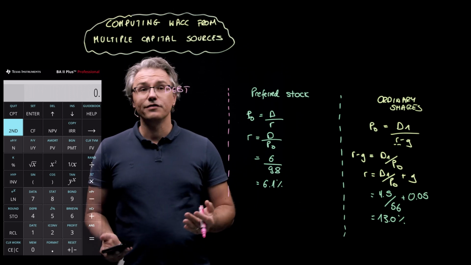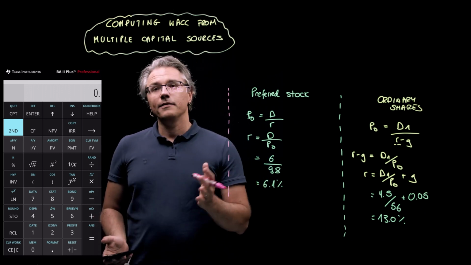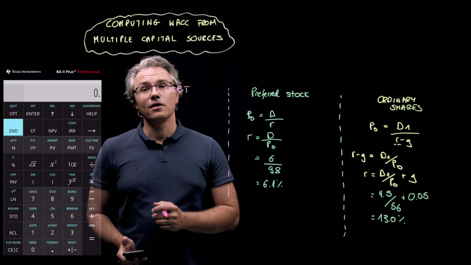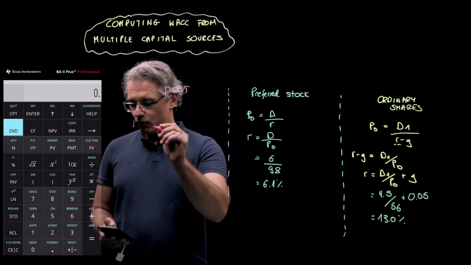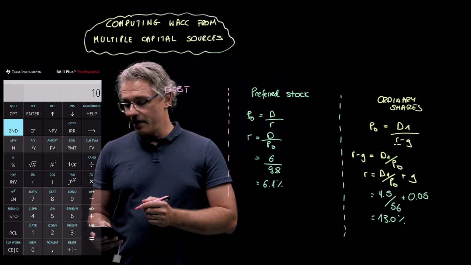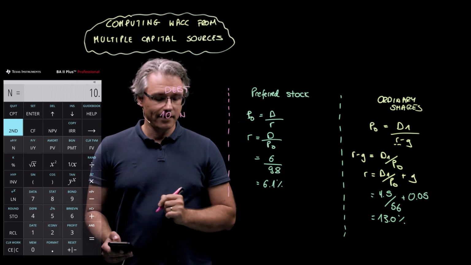I'm going to start with N, the number of periods. N is going to be set at 10, seeing as the bonds are 10-year bonds. So I input 10 followed by the N key.